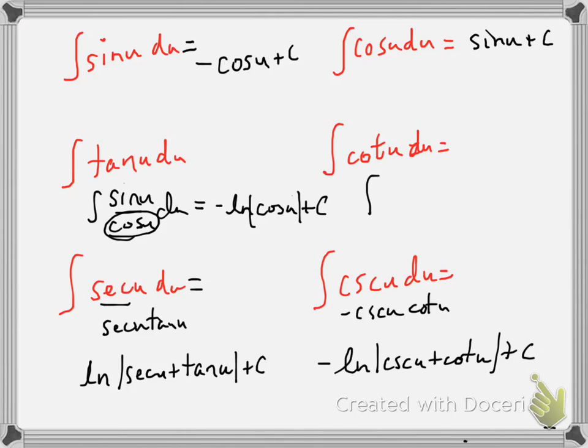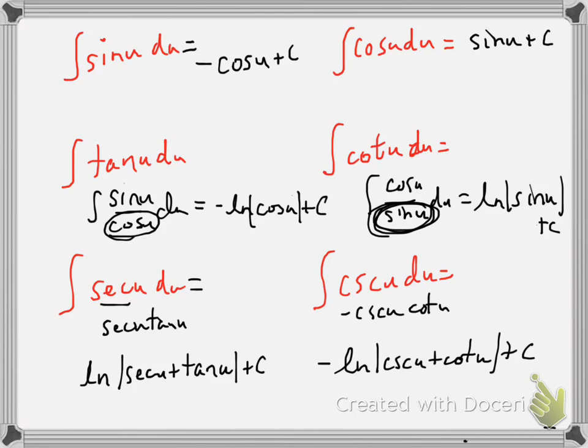Cotangent could be written as cosine over sine. U prime over u, that means our u is sine and the derivative here doesn't change. Probably the two hardest ones to remember are the middle ones because they don't have a connection. I wouldn't memorize them. I would think about the fact that you can rewrite and memorize. We're talking about the natural log. So those are your new properties.